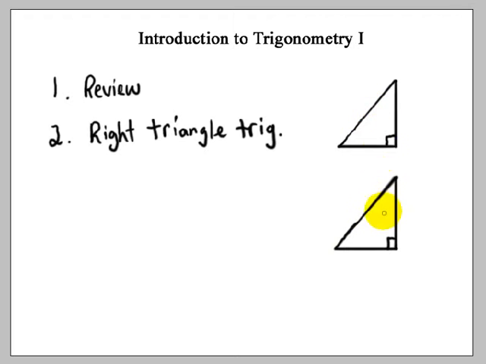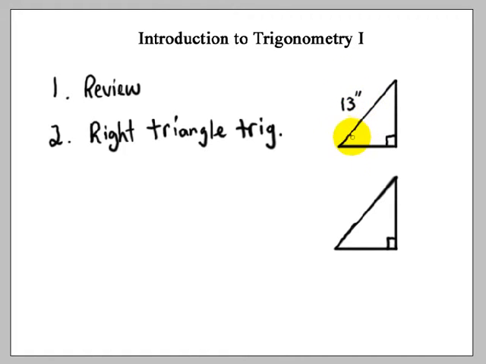So there's kind of 2 problems that are central to what we're going to be learning. Let's say we have this kind of situation here. Let me say, I don't know, this hypotenuse here, that's a term we'll learn later. But let's just say this side here measures, say 13 inches.